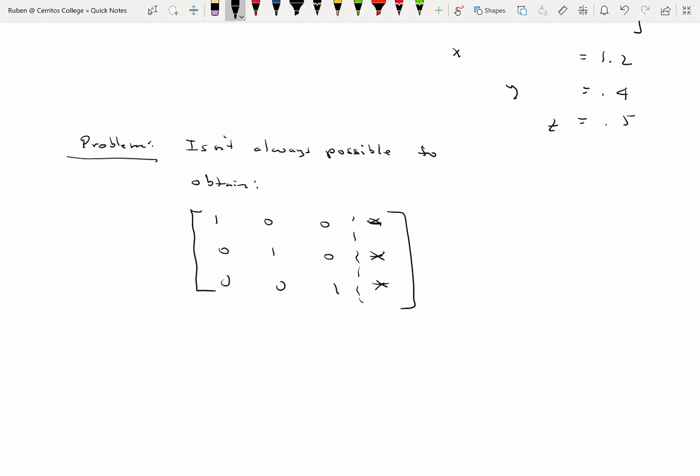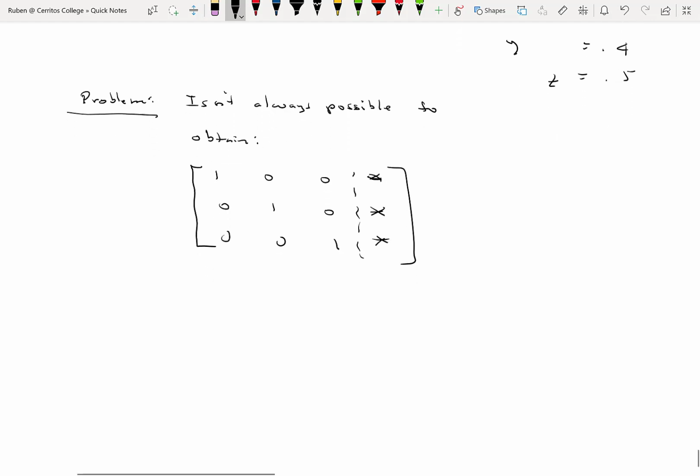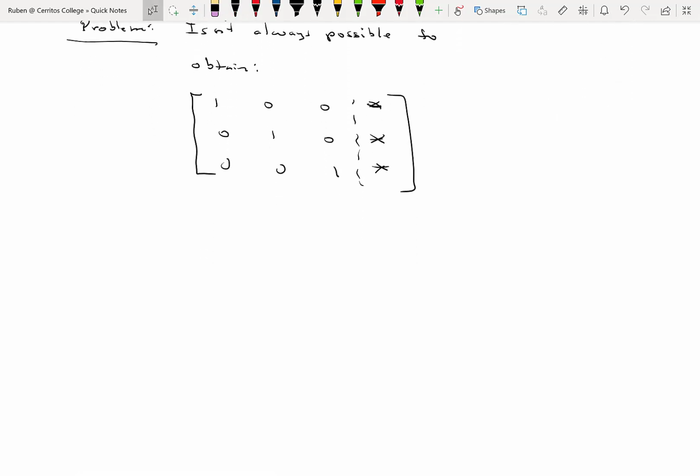What we have to do is try to get it, as much as possible, to this form. As much as possible of this form has a special name.